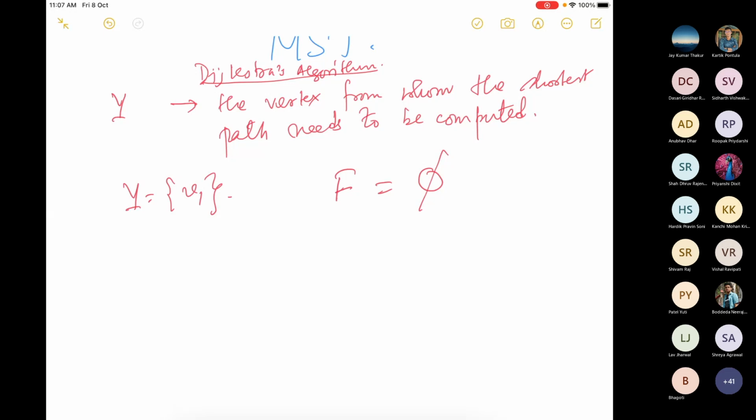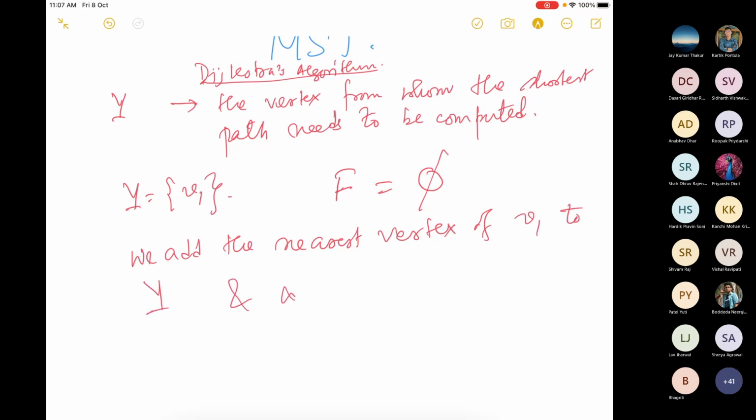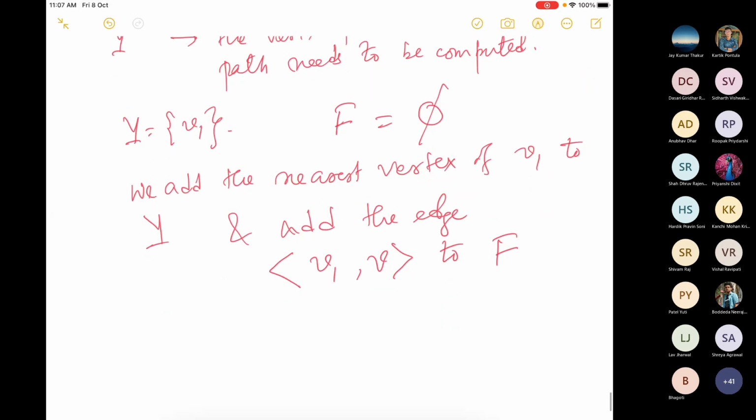Now we add the nearest vertex of V1 to Y and add the edge to F. Note that here it's a directed edge.